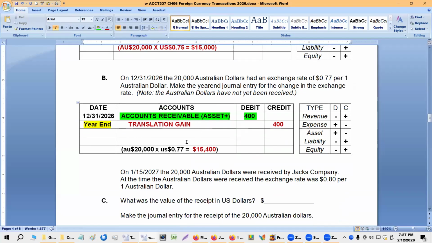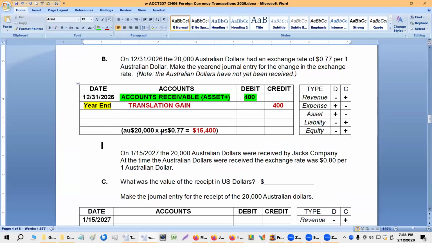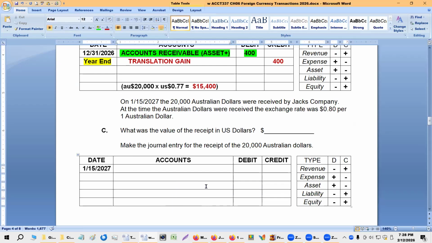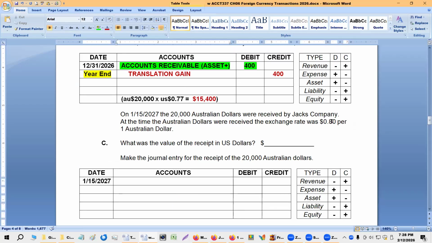Okay, let's go down to the last one. Let me mess it up just like I do every time. I'm going to put our calculations down here. So now the exchange rate is up to 80 cents for one Australian dollar. So the Australian dollars haven't changed.